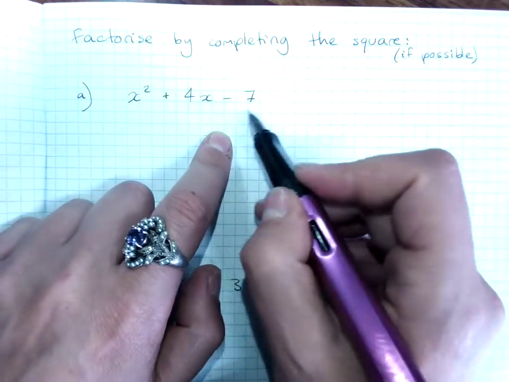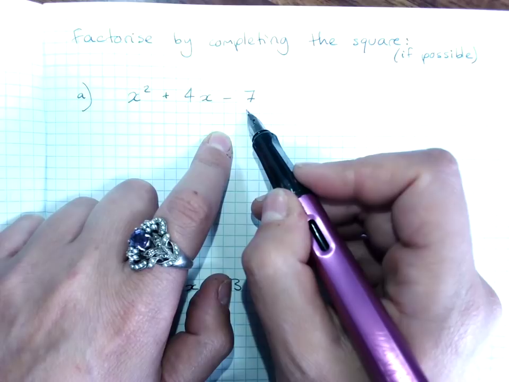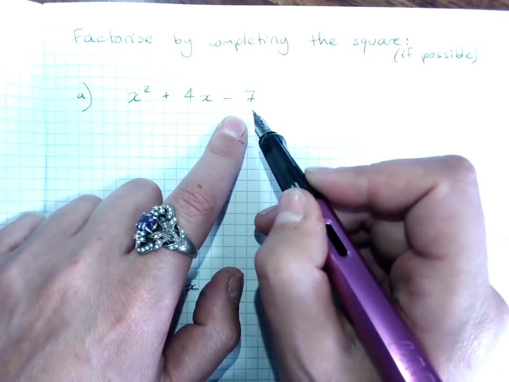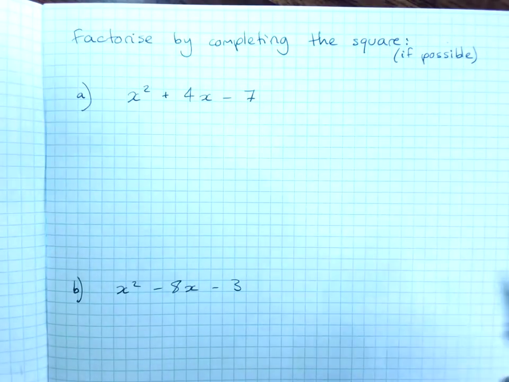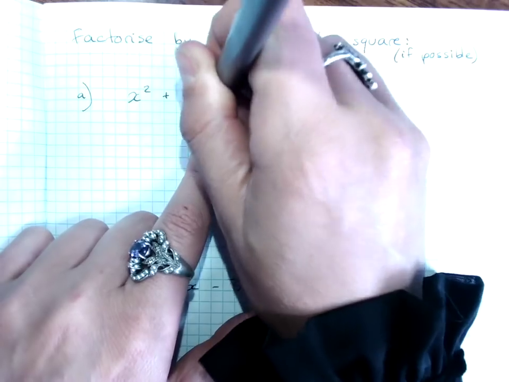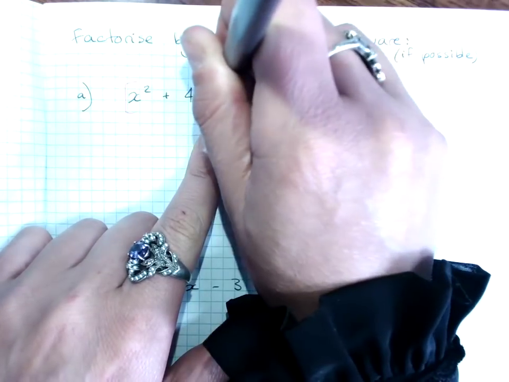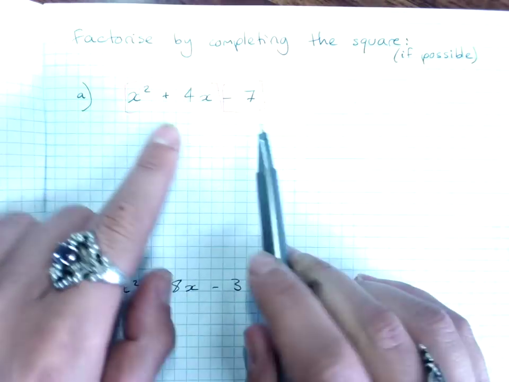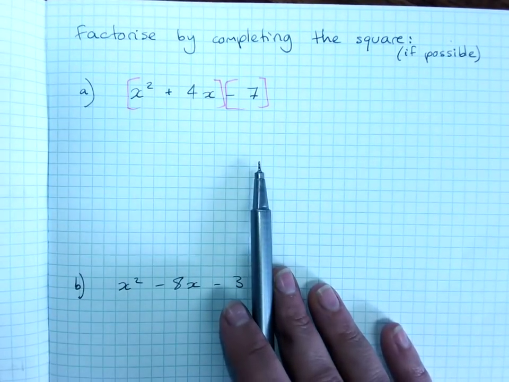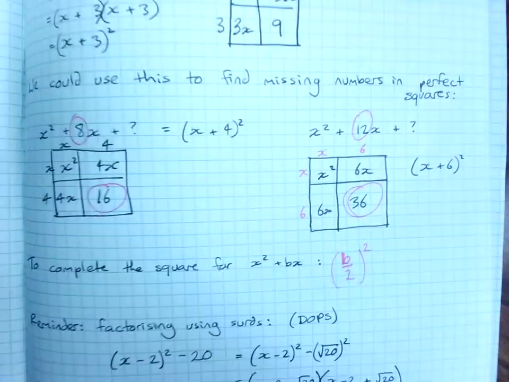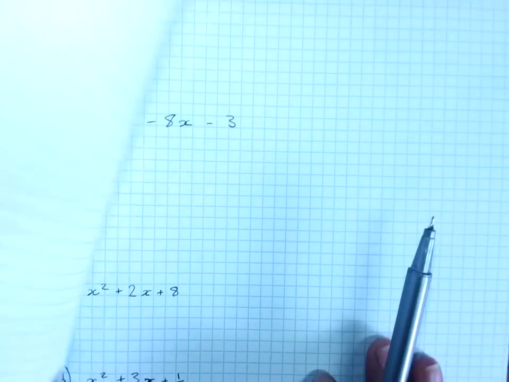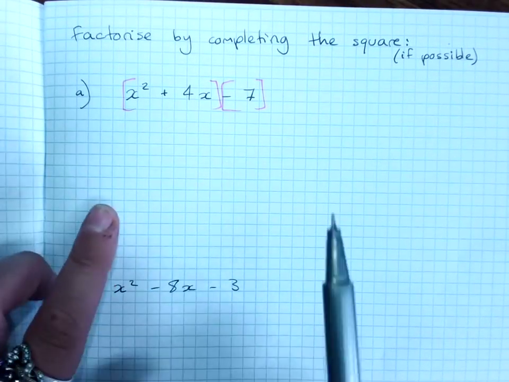If this was a really nice useful number, that'd be fine, but it's not. What we're going to do is separate out this part and this part, and we're going to aim to make a difference of perfect squares, like this one, using the ability to complete a square.